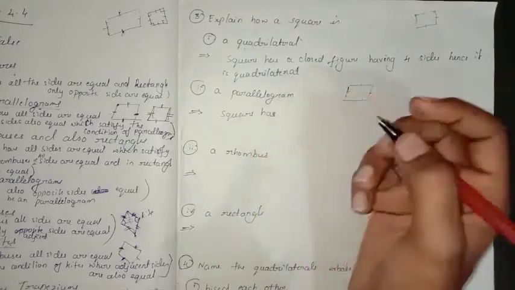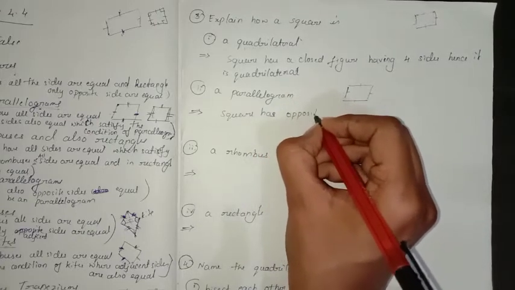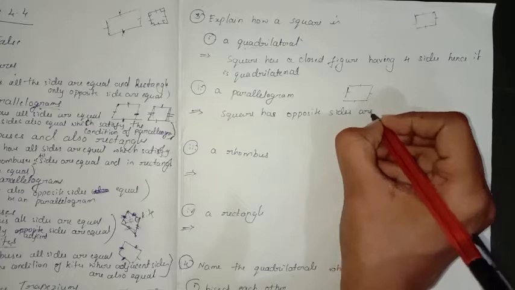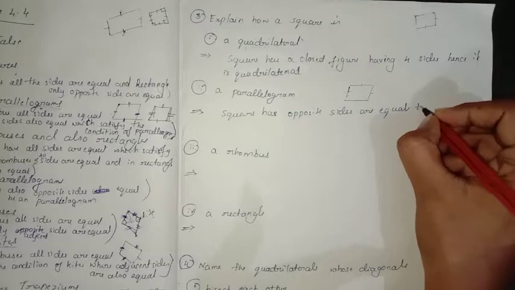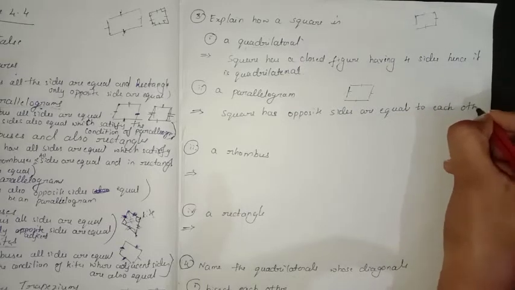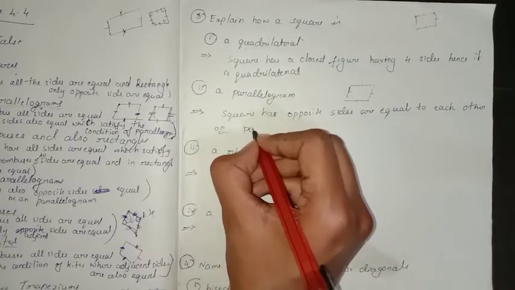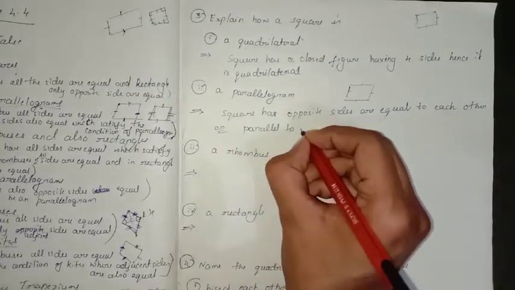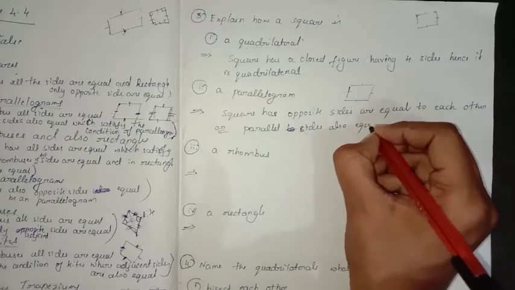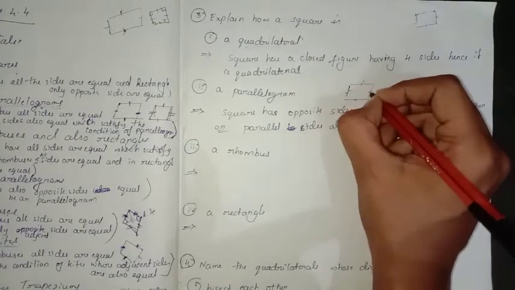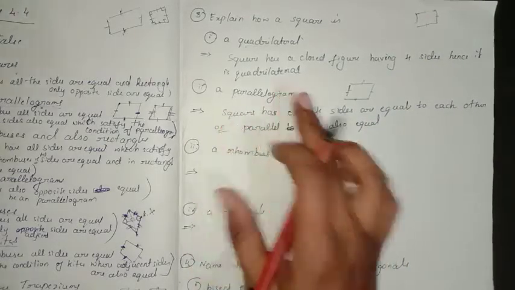You can just write: a square has opposite sides equal and parallel to each other. Parallel means these are parallel to each other and equal, which satisfies the condition of a parallelogram. So a square is also a parallelogram.